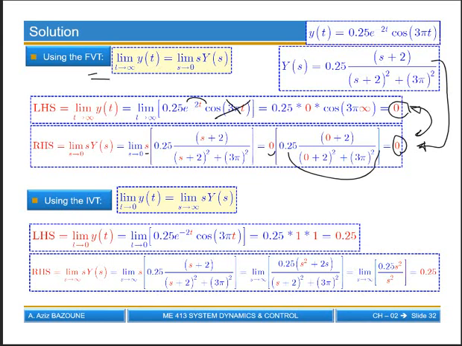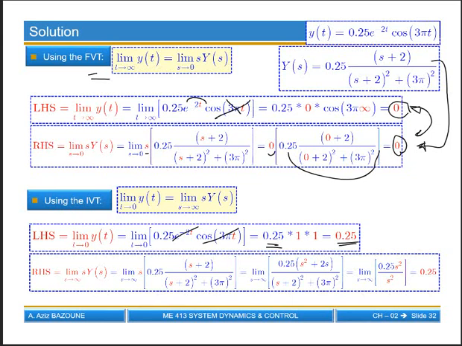By using the initial value theorem, we will find the same thing. Limit of y of t when t goes to 0. Here, if you substitute t equal to 0, this one will be 1, this one will be 1, and this one will be simply 0.25. When you substitute s going to infinity here, you will end up with the highest power of the numerator over the highest power of the denominator.